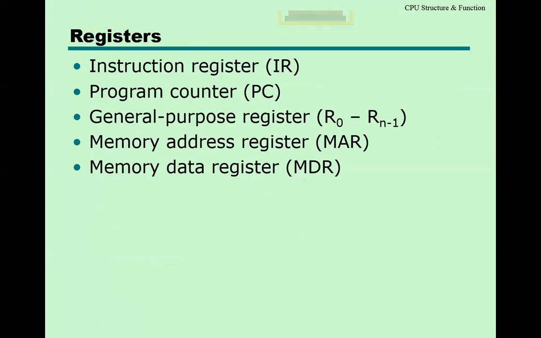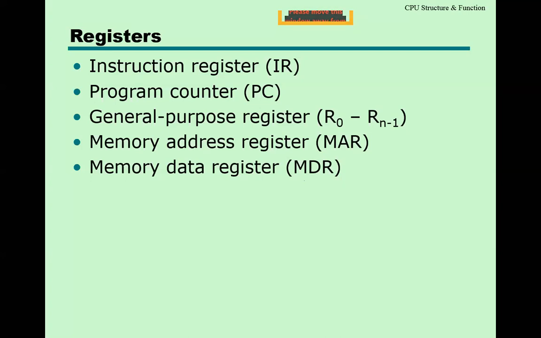So to do fetching as well as execution, different types of registers are required. Already we have seen these different types of registers. The instruction register holds the instruction, not the address. PC, program counter, holds the address of the instruction.